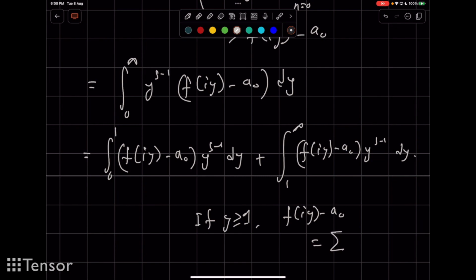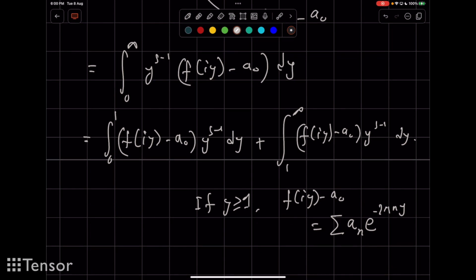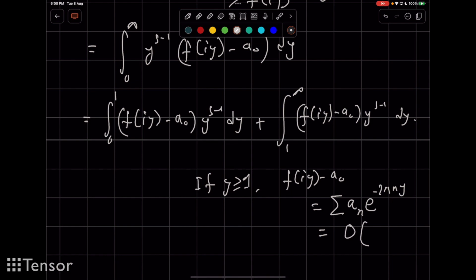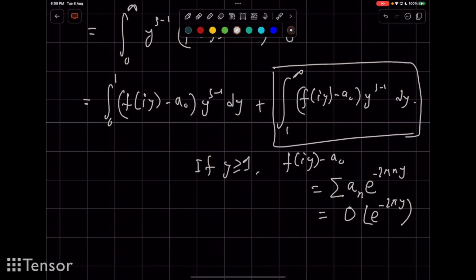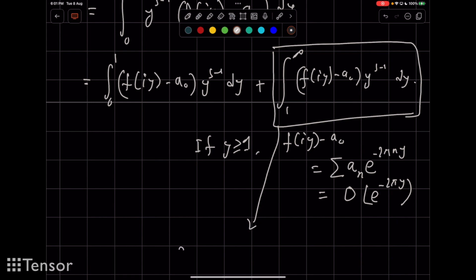This is a sum of a_n e to the negative 2 pi n y, and we can say that this sum is of order e to the negative 2 pi y, because as y increases, the latter terms contribute less and less, so only the first few terms are dominant. Therefore this integral converges because it's essentially the product of an exponentially decaying function and some polynomial, and it converges for all s in C.